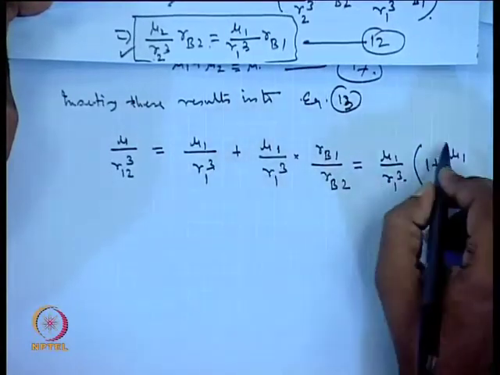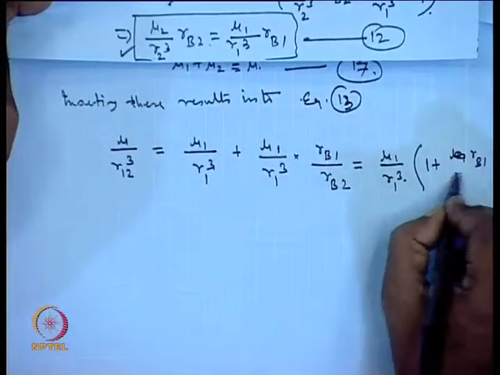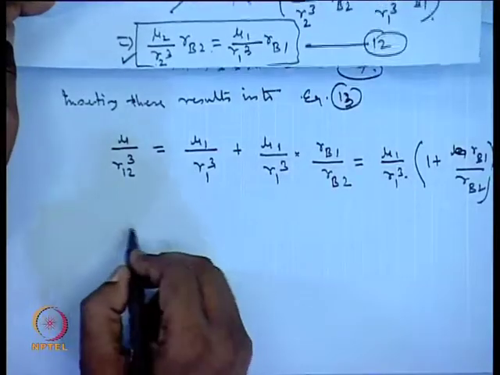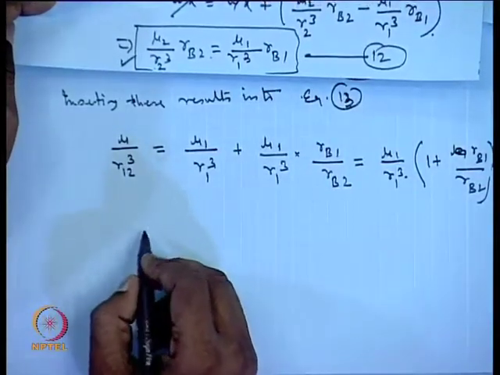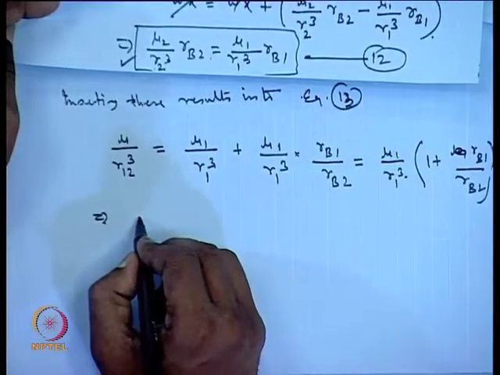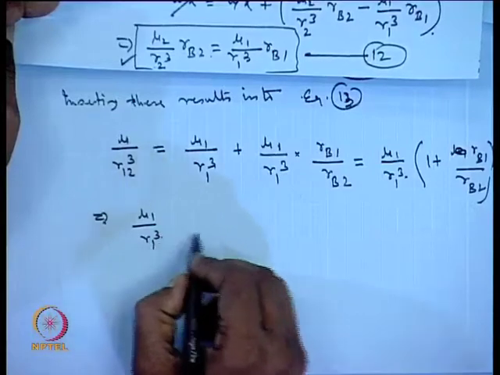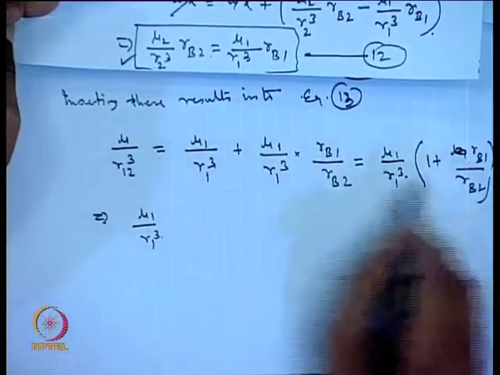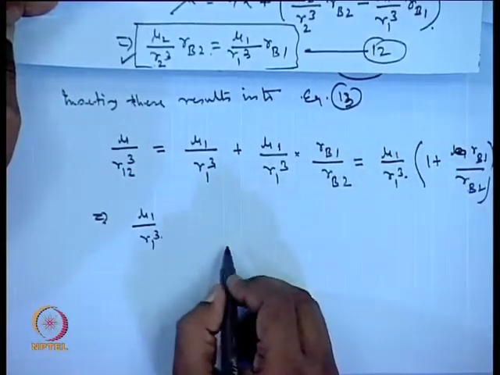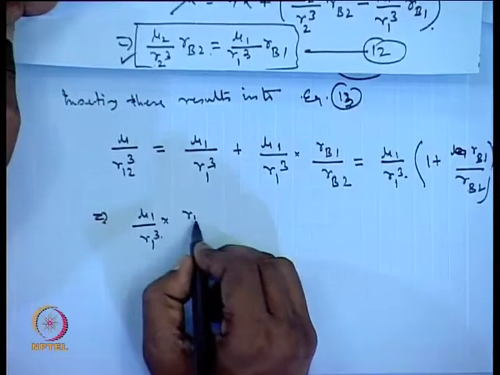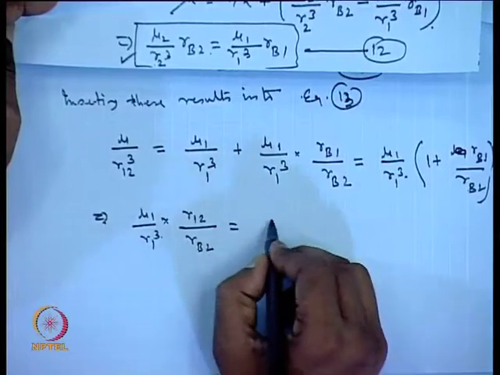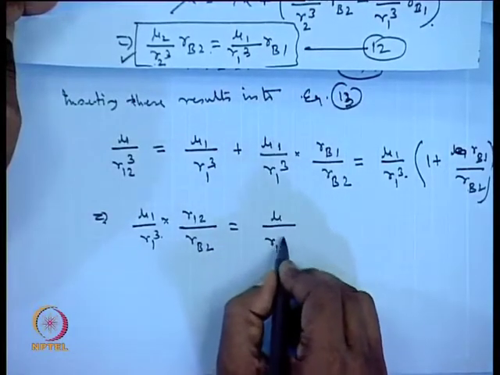So, this gives us r b 1 plus r b 2 over r b 2, which is nothing but equal to r 1 2. So, we can write this as mu 1 by r 1 cube times r 1 2 divided by r b 2 is equal to mu by r 1 2 whole cube.